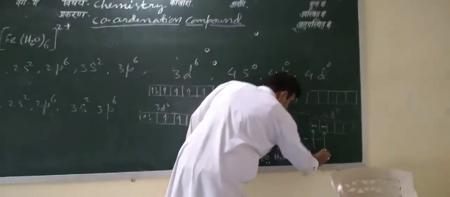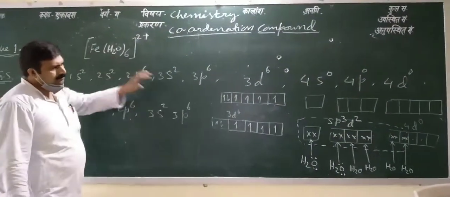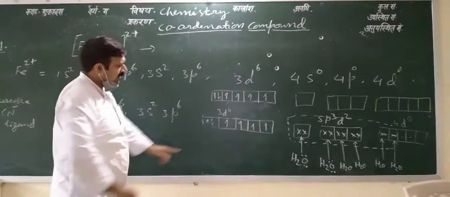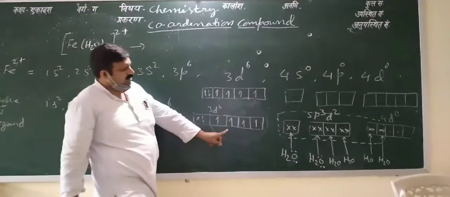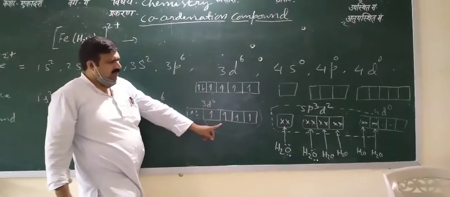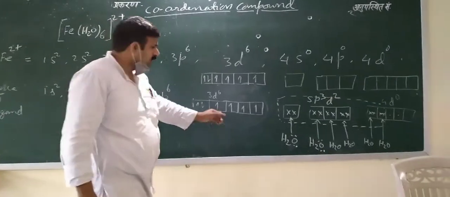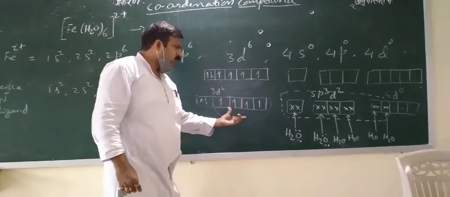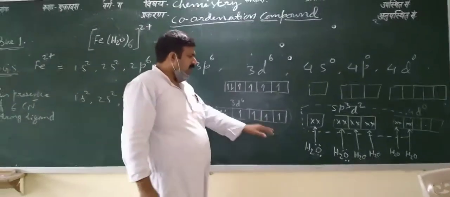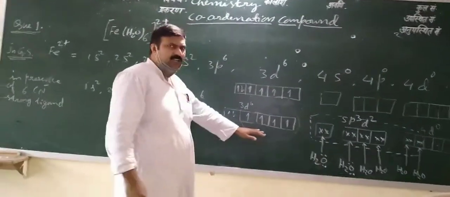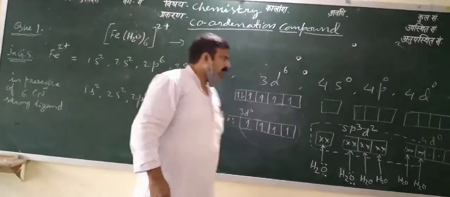Since here four unpaired electrons are present in the inner d orbitals, it is paramagnetic and a high spin complex, because these unpaired electrons give it a high spin magnetic moment. It is high spin or paramagnetic, and it is colored due to the presence of unpaired electrons, and it is an outer orbital complex.